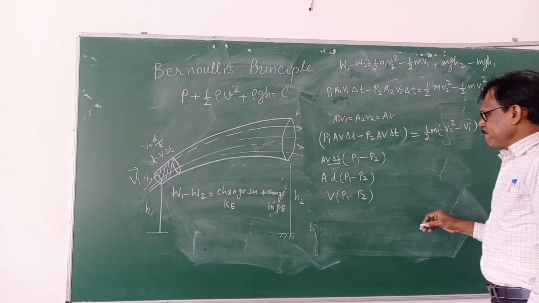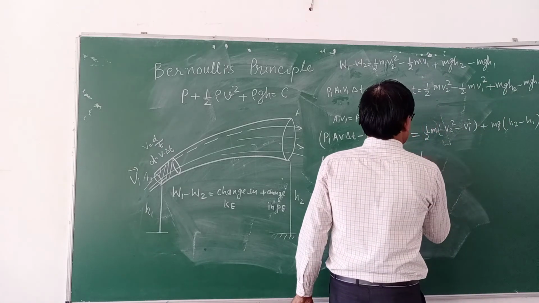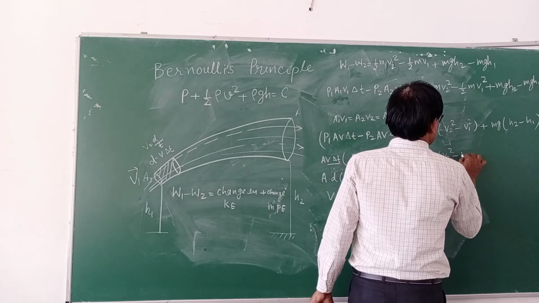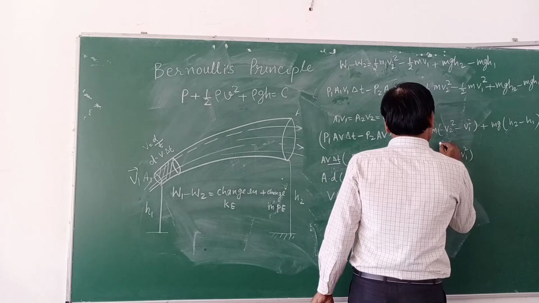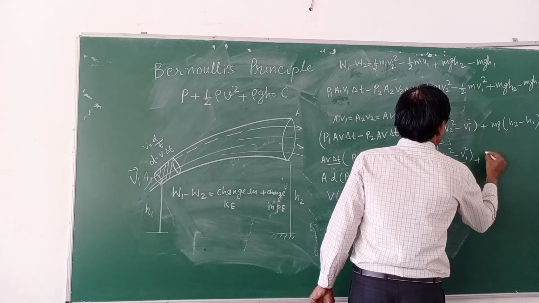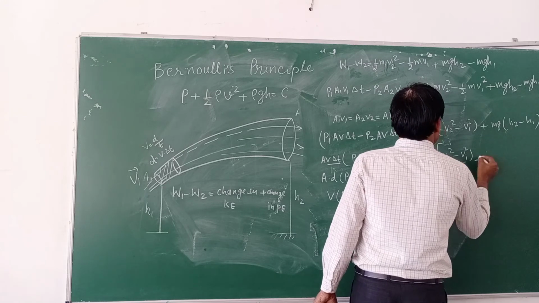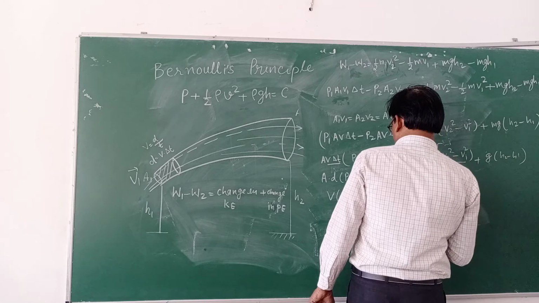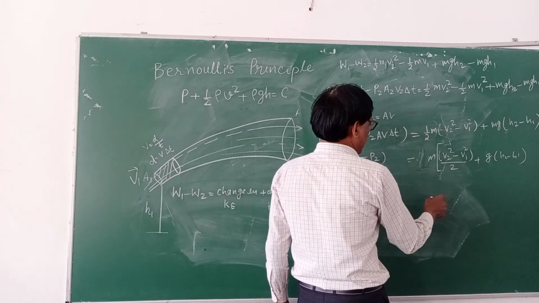Then 1 by 2 m, V2 square minus V1 square. Total m is common, put 2 here, plus g into h2 minus h1. So here the same step. Then this V will come here.